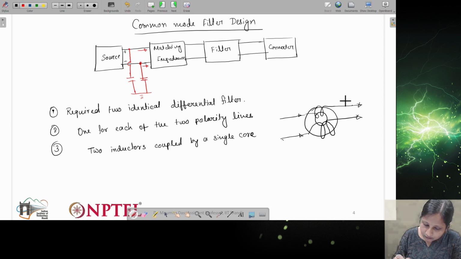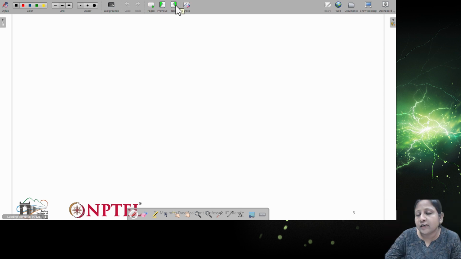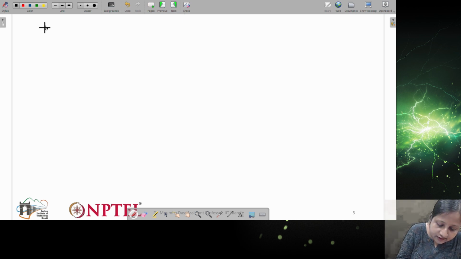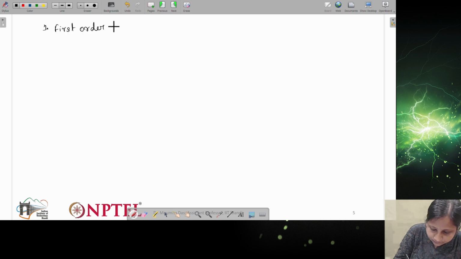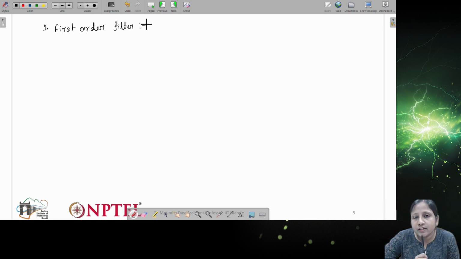Okay. Now this filter can be considered in different types. First, let's say this is a first order filter. If we consider a first order filter, it will have only one reactive component.